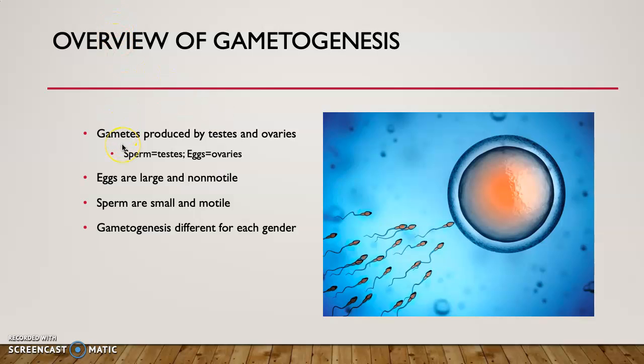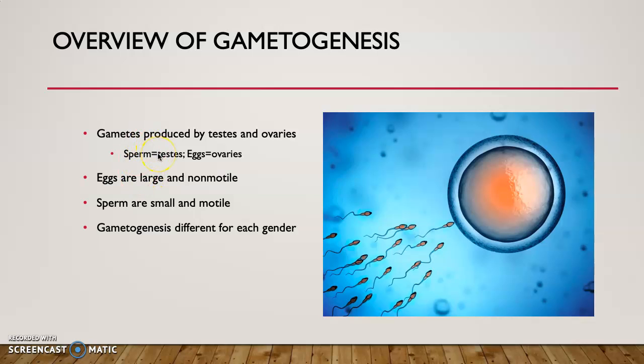And I'll start off with that gametes are produced by both the testes and ovaries. Gametes are pretty much haploid cells that unite in sexual reproduction in order to form what's called a zygote. And sperm is produced by the testes, and eggs are produced by the ovaries.